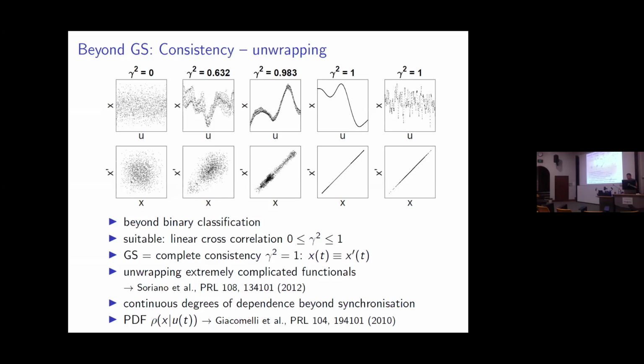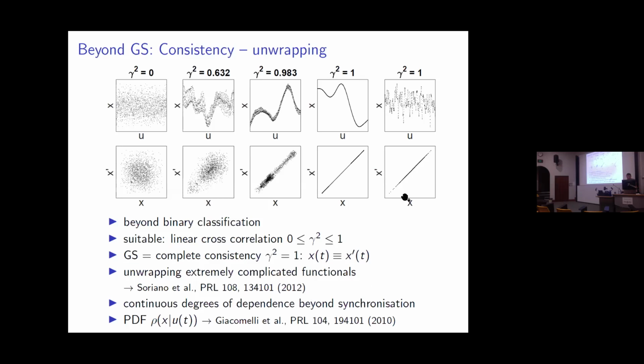When you don't have enough samples, you don't have enough resolution, there's no chance to detect this. In this work by our colleagues, they presented an example of a really well-defined and clearly detectable relationship, detectable by means of the replica experiment, but not by any time series analysis. This means correlation or mutual information were perfectly 0, whereas this consistency correlation, after unwrapping through the replica experiment, indicated this nice and clear dependence.